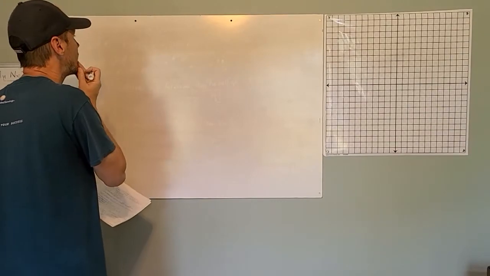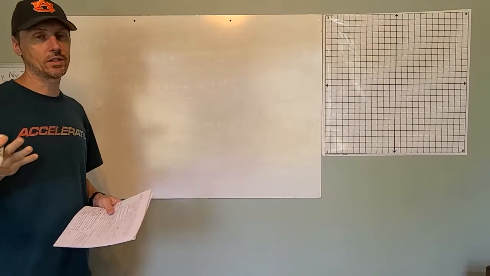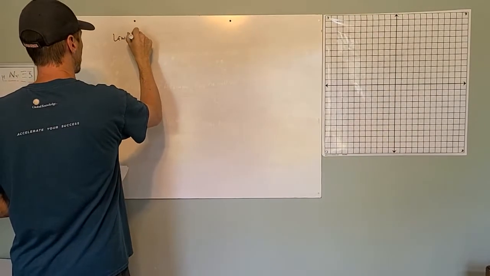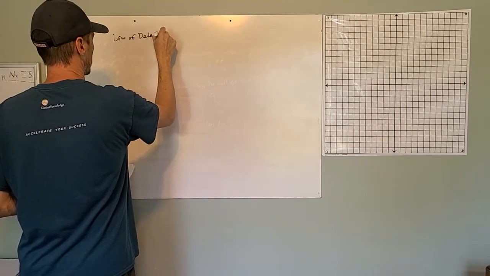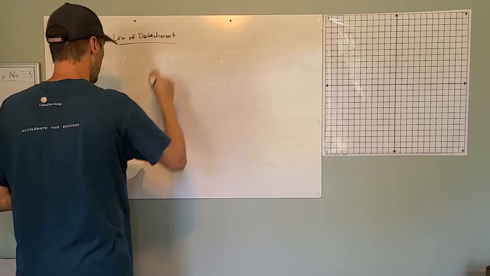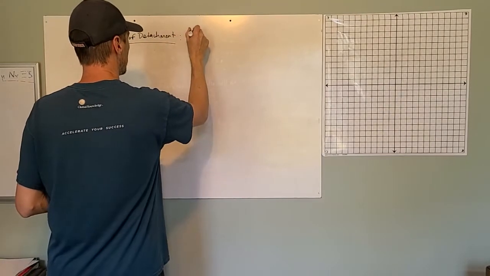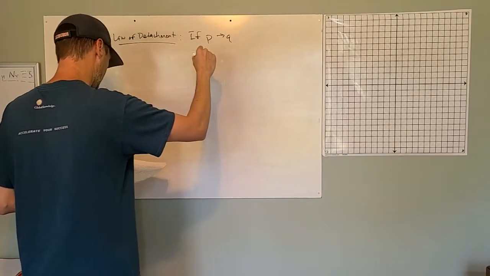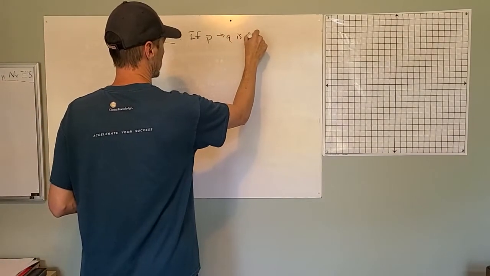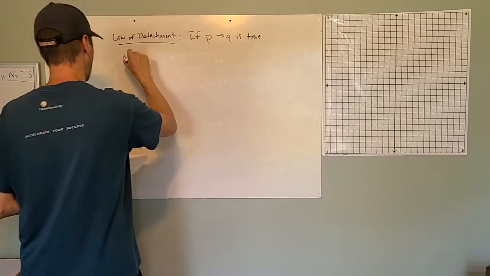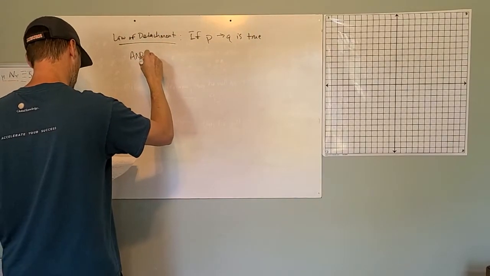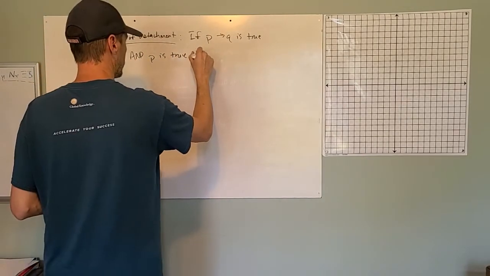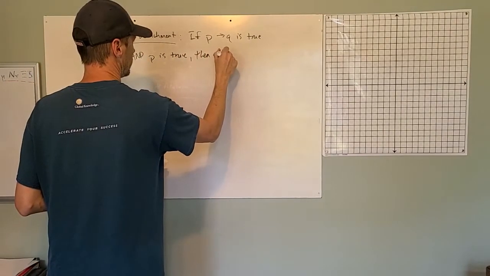We need to cover two final laws, the law of detachment and the law of syllogism. We'll start with the law of detachment. The law of detachment says if P implies Q is true and P is true, then we can assume Q is true.